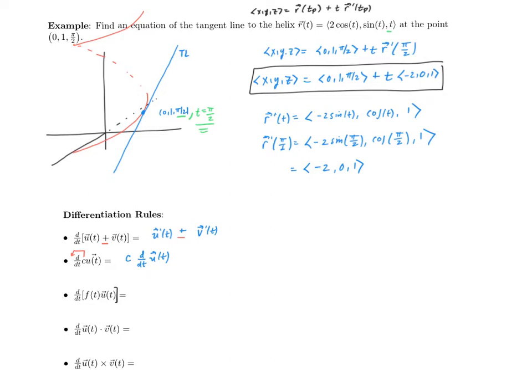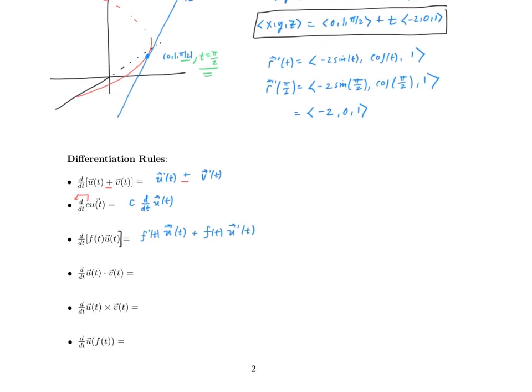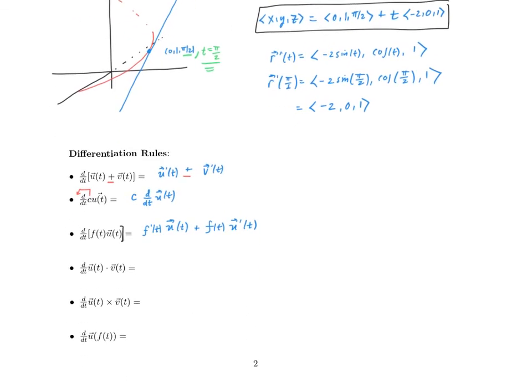And then what comes up next are several variations on the product rule. If we would like to differentiate a scalar function times a vector valued function, the product rule suggests that we take the derivative of the first times the second plus the first times the derivative of the second. And that is our first version of the product rule.